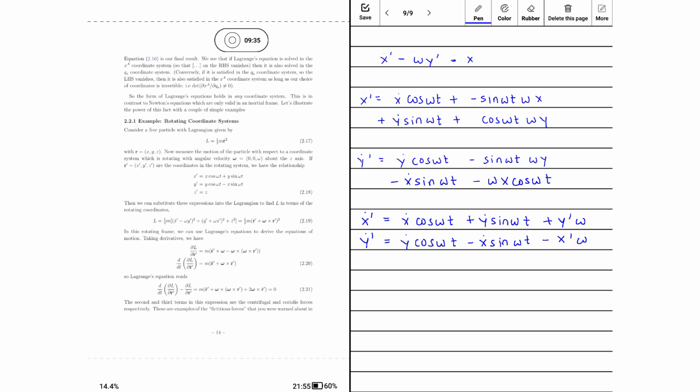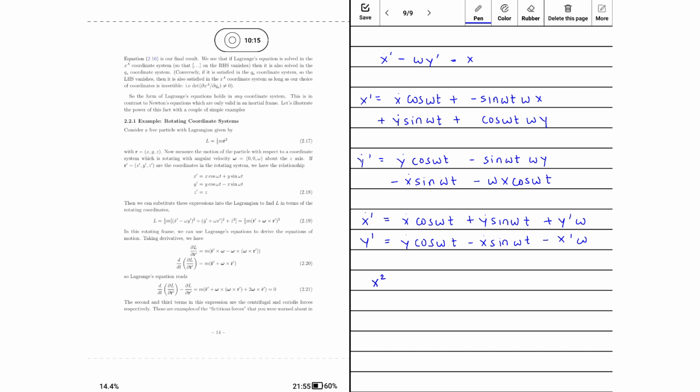Now if I add x dash dot square plus y dash dot square, get some expression based on that. I will just square and add, basically move the dash to one side and square and add.